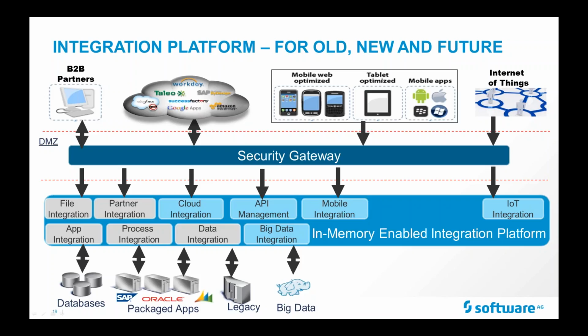But if you have somebody else for IoT, we can integrate with them as well. So this integration platform is for old, new, and future. And we take pride in connecting to any other system. We are system agnostic. That means we, as a middleware vendor, as an integration vendor, we connect with every technology out there.